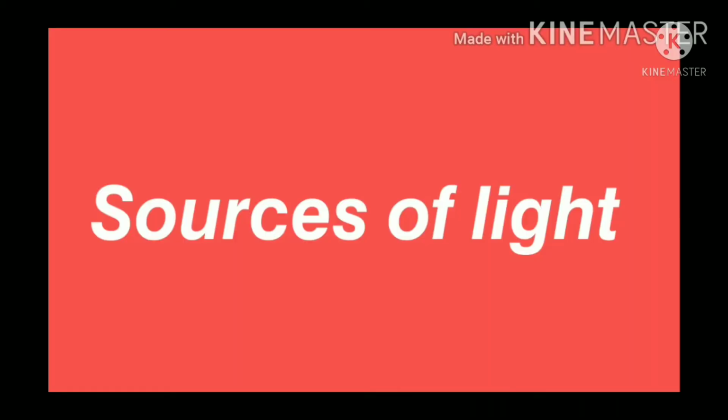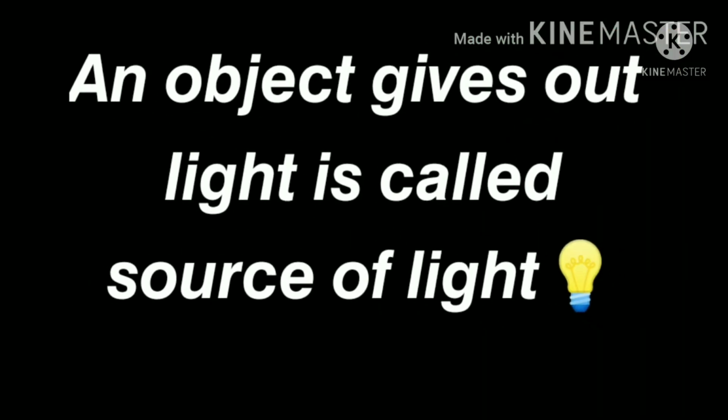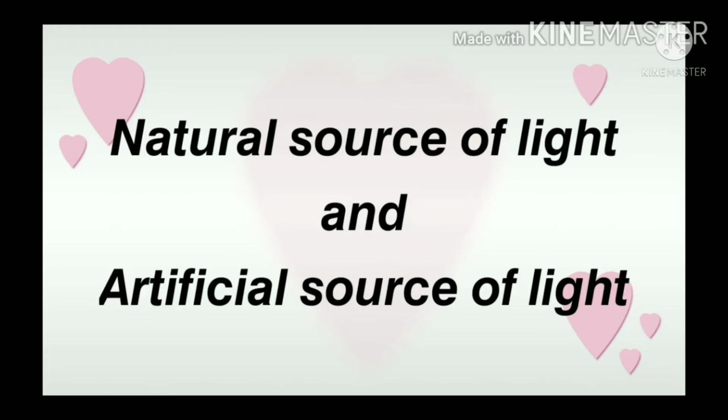Then next we are going to see sources of light. An object that gives out light is called a source of light. That means all luminous objects are sources of light. Source of light can also be classified as natural source of light and artificial source of light.